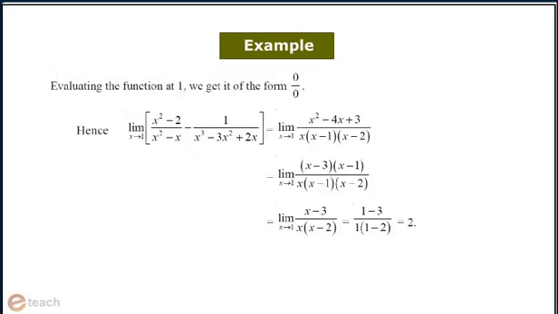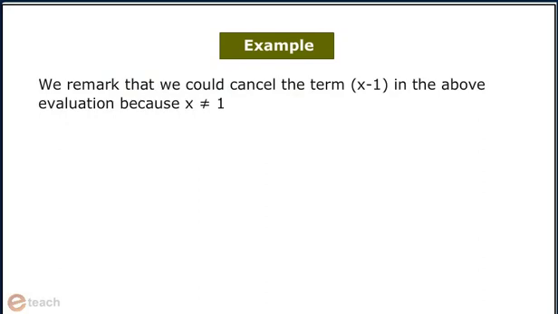Now, evaluating the function, we find that it is also of the 0 by 0 form. Hence, we follow the same steps that we have learned to deal with this type of problem, and finally we get the result as 2. We remark that we could cancel the term x minus 1 in the above evaluation because x is not equal to 1.